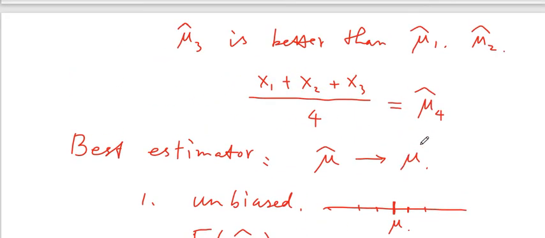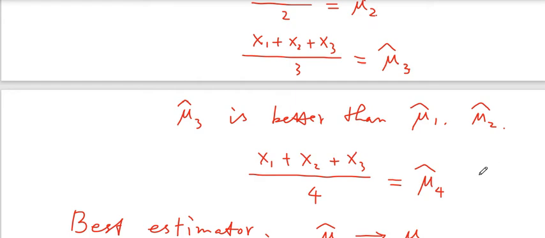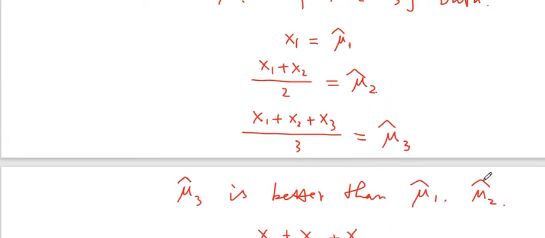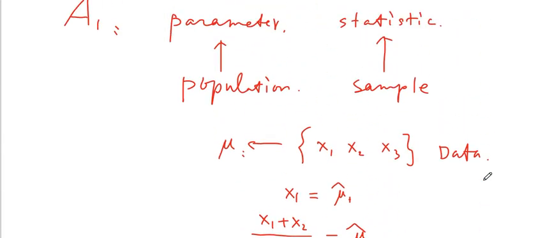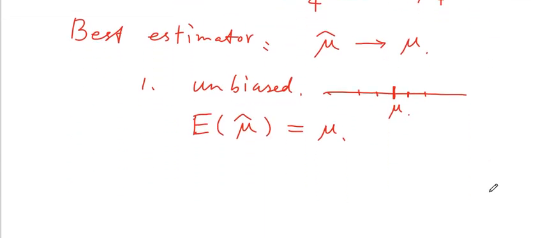So let's compare mu4 and mu3. We can find mu4 is biased, not unbiased, because x1, x2, x3 all come from the same population. x1 just comes from that population, so x1 is like taking a person from the population.